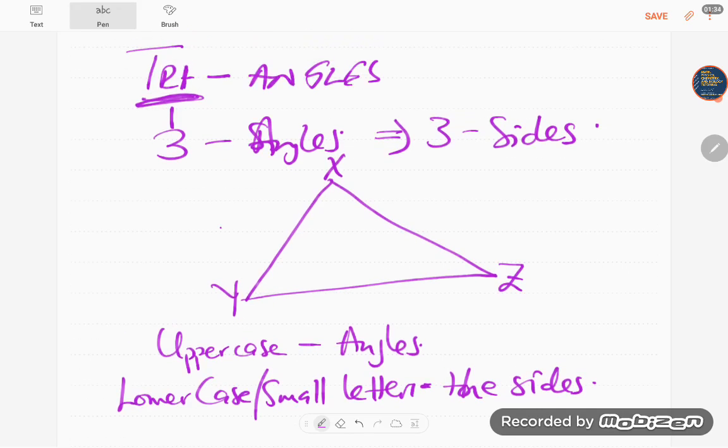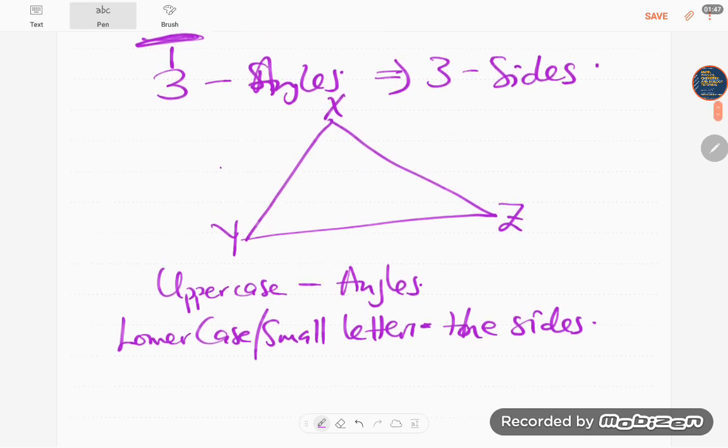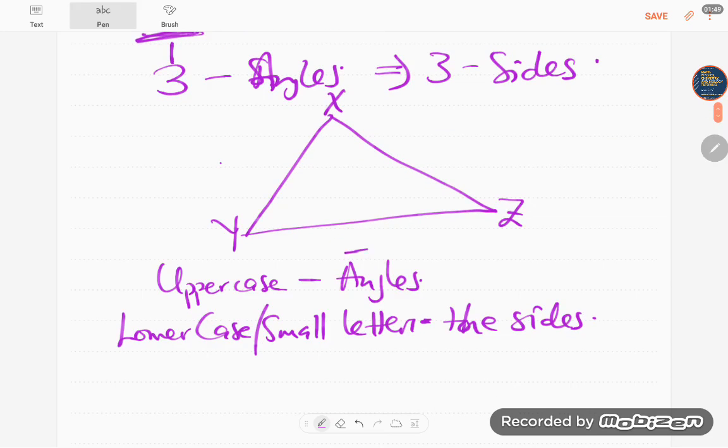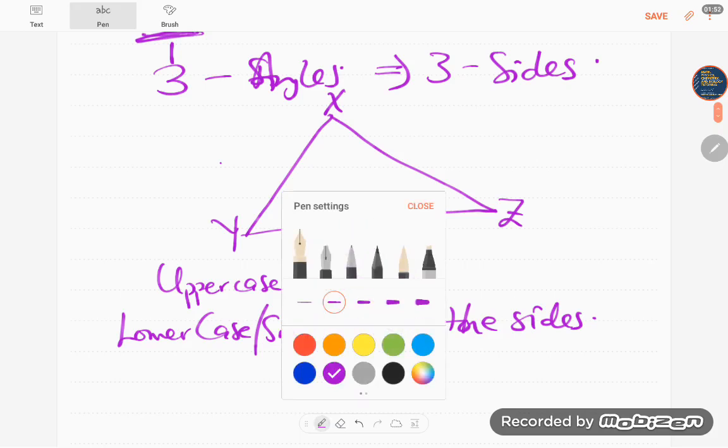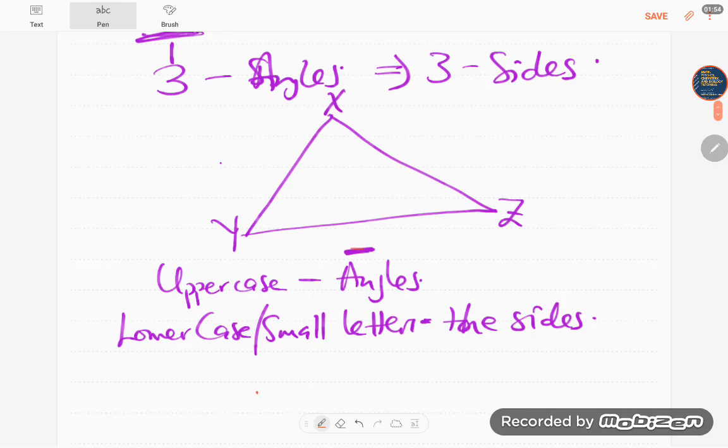Now notice how we come up with the sides concerning triangles. We look at the side opposite a particular angle. What comes first is the angle, and then the side that's opposite the angle gets the letter that the angle is using. For example, this side here is opposite the angle X, so it becomes small letter x. This side here is opposite the angle Y, so that becomes small letter y.